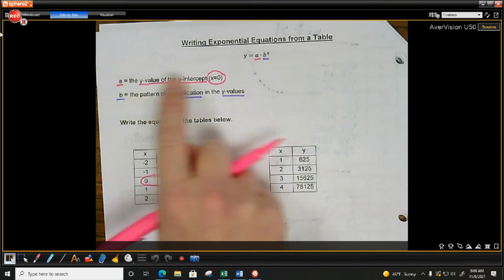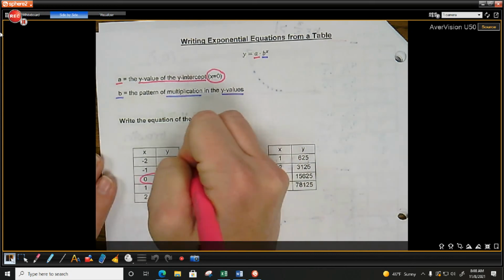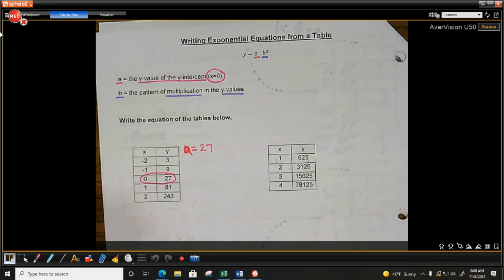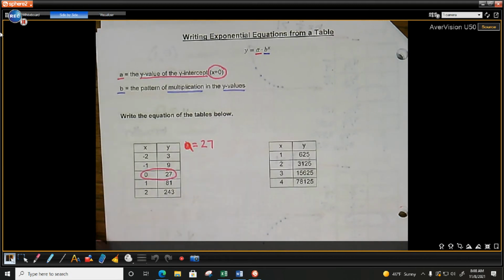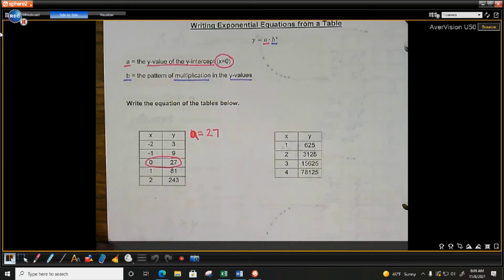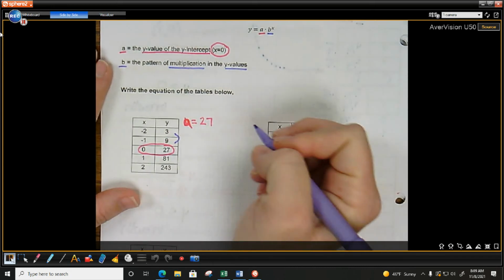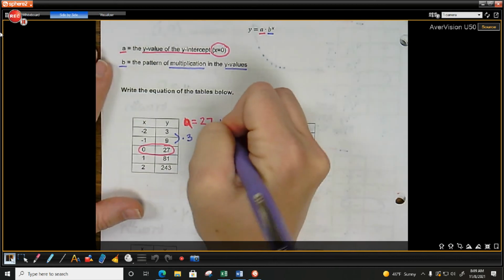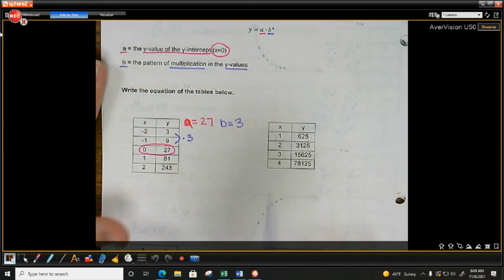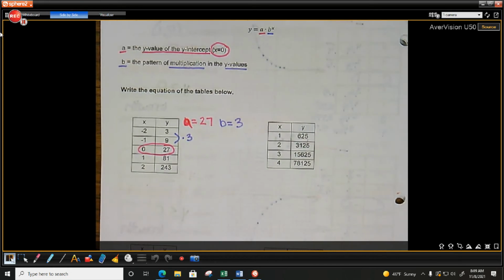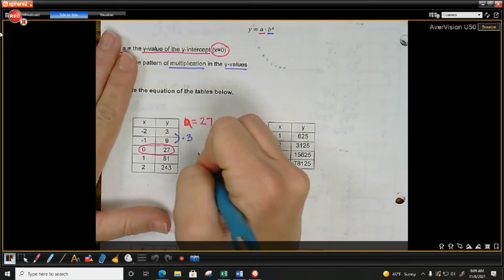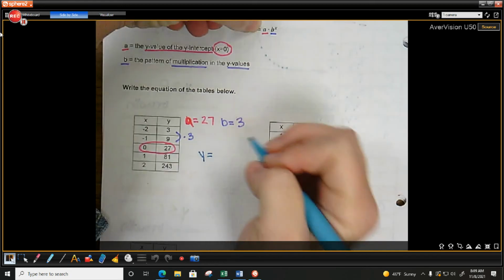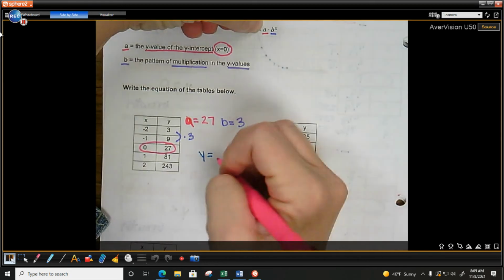So a is 27. B is a multiplier. What do you multiply 3 by to make it a 9? Times 3. So that means my b is 3. Do I now have my a and my b? Ready to write our equation. Y equals a, which we just labeled to be 27, times b, which we just labeled to be 3, raised to the x power.